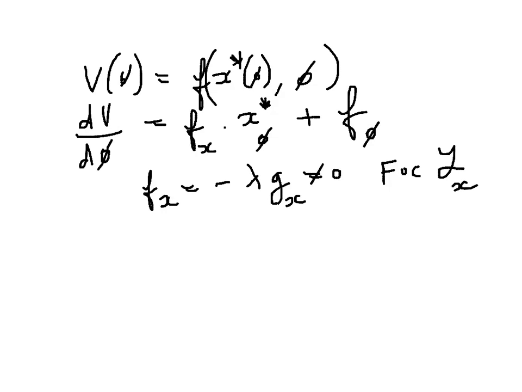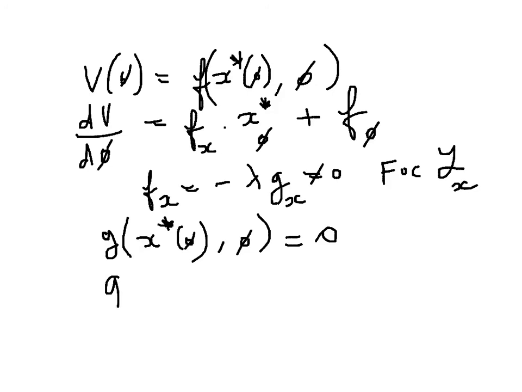I substitute the solution into the constraint. So I'm going to write g plugging in x star, which is a function of phi, and that's equal to 0. This is my constraint, so I can now differentiate with respect to phi. I get partial derivative of g with respect to x times partial derivative of x star with respect to phi.